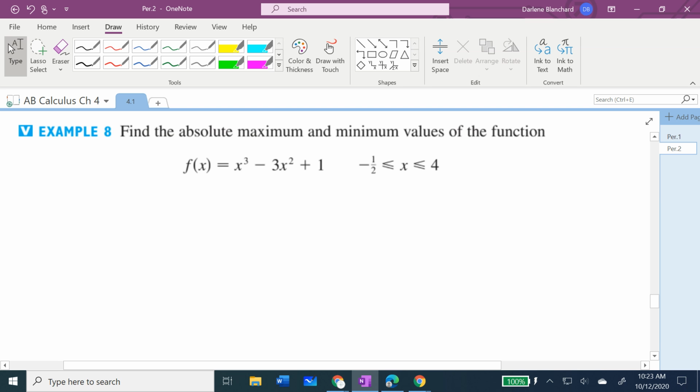Now, absolute minimum and maximum, they are either going to happen at a critical number or they are going to happen at an endpoint. But if you are not an x-coordinate who is an endpoint, and you are an x-coordinate who is not a critical number, is it even possible? Is it even remotely possible that you could be the largest or the smallest?